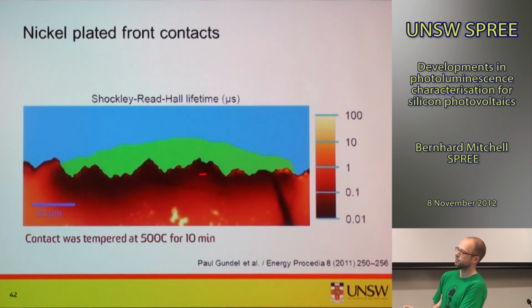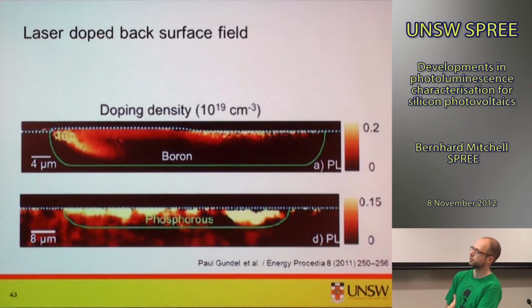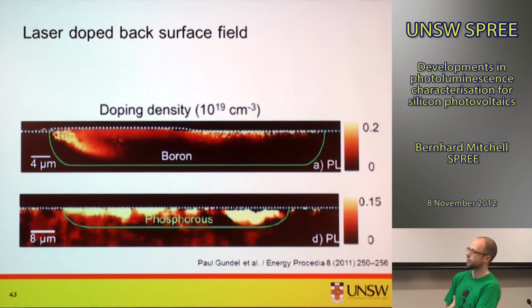For this sample, they tempered at 500 degrees for 10 minutes in order to emphasize the effect of low lifetime under the contact. They were also able to do that at laser-doped back surface fields, showing the boron concentration and phosphorus concentration after laser doping. This was also published by Gundel.